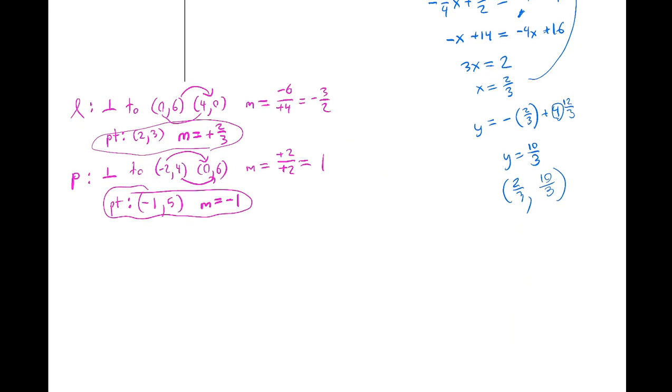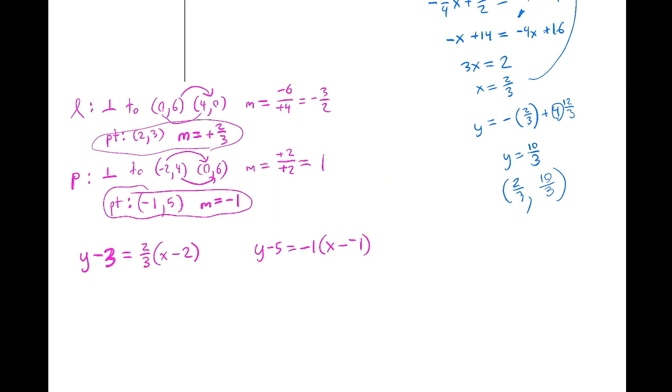Let's write them out. So for L, we have y minus 2 equals 2/3 x minus, oh, I wrote it wrong. I do that sometimes, reverse the order. So it was y minus the y value equals slope, and then x minus the x value. And then over here, the other one is y minus y value equals slope times x minus x value.